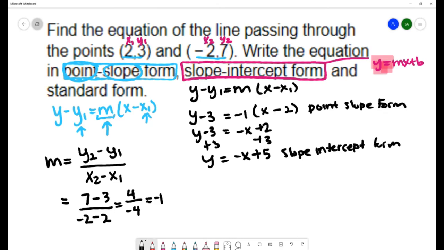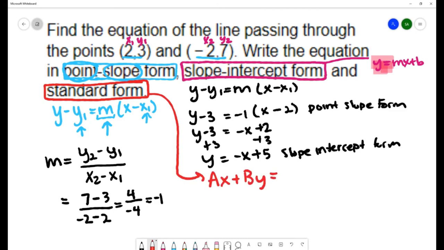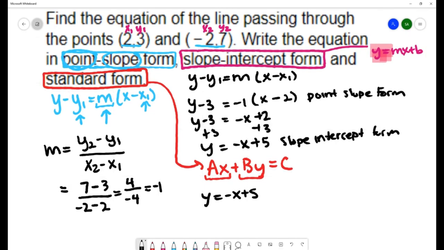Then finally, we're going to write the equation in standard form. Standard form is when you have ax plus by equals c. So in standard form, you're going to have your x and y terms on the same side of the equation. I'm going to start with y equals negative x plus 5 and rearrange the terms so that the x and the y are on the same side.